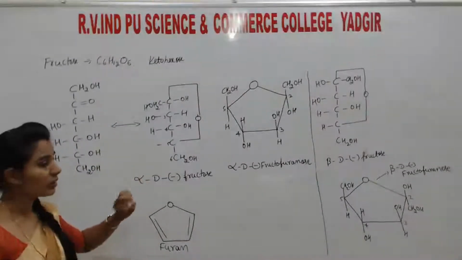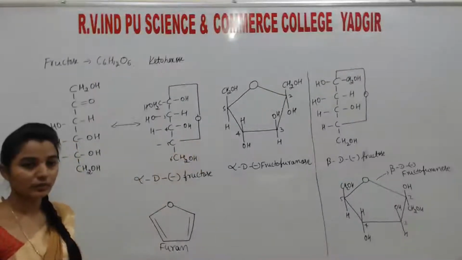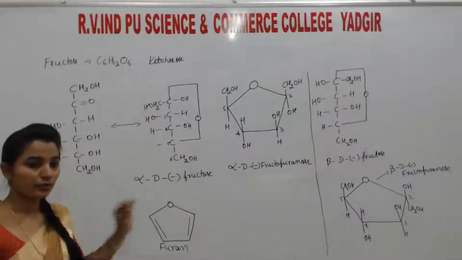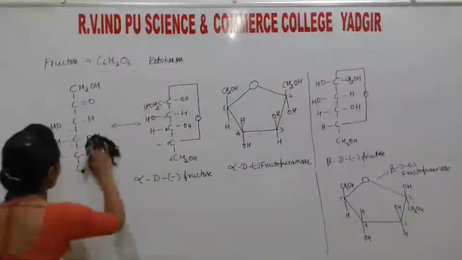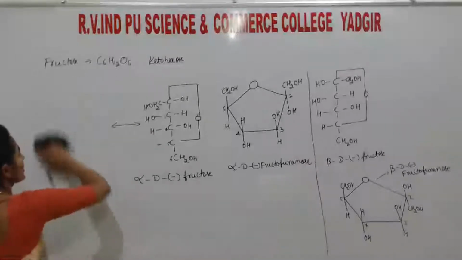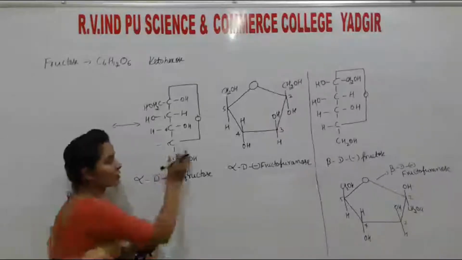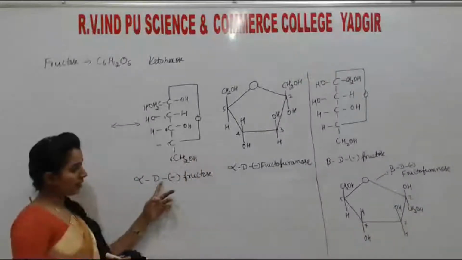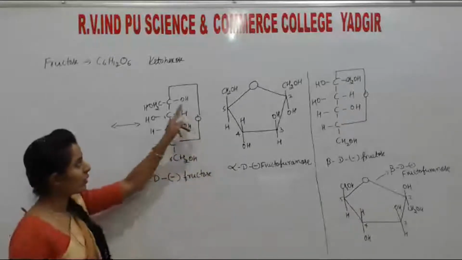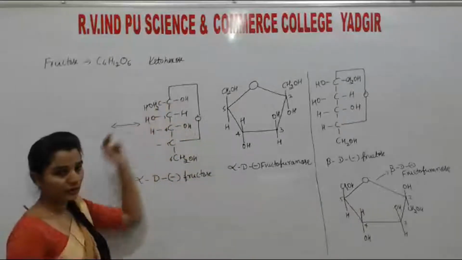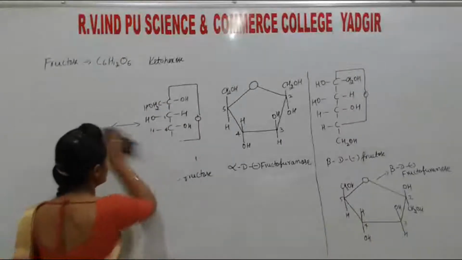The important thing is the Haworth structure and the Fischer structure, very important, for both fructose as well as glucose. 8 structures are there, and those 8 structures are very important. If you can write alpha D plus or alpha D minus, then you can easily write beta, because only this group is different in position, and the remaining is all the same.